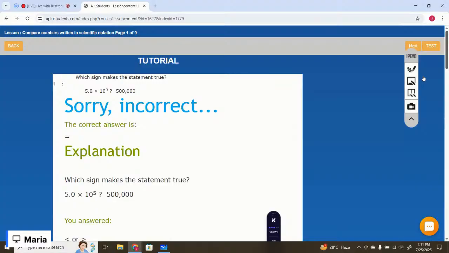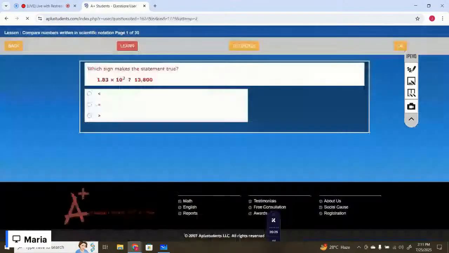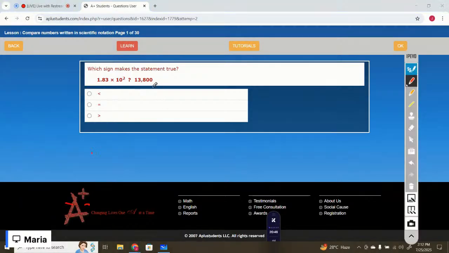Let's just start with the test questions. Which sign makes the statement true? 1.83 times 10 exponent 2 and 13,800. Let's convert 13,800. Move the decimal point 4 places left. So that would be 1.38 times 10 exponent 4.